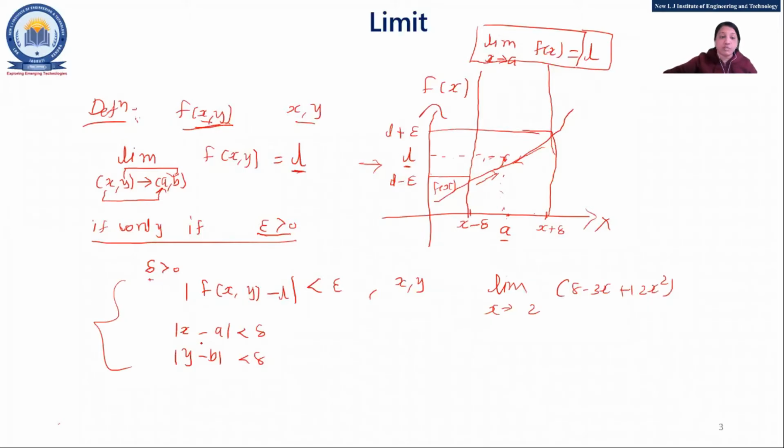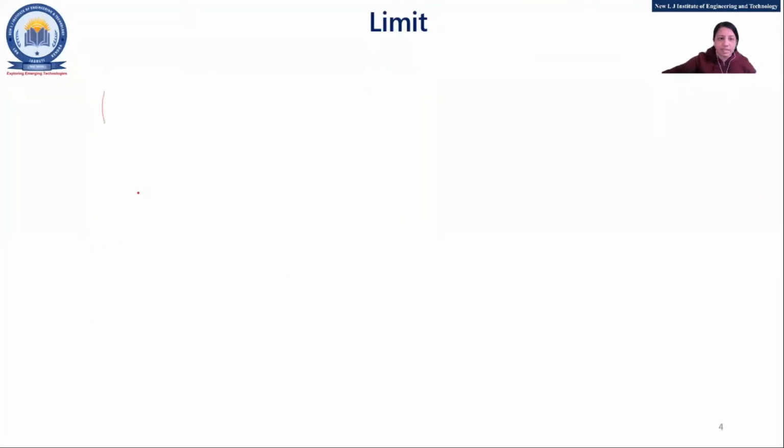Now we'll see how to calculate limits if you have two variables. So the next topic is how to calculate the limit. There are two ways, or we can say some rules. Two variables are there, so in which way can you go?